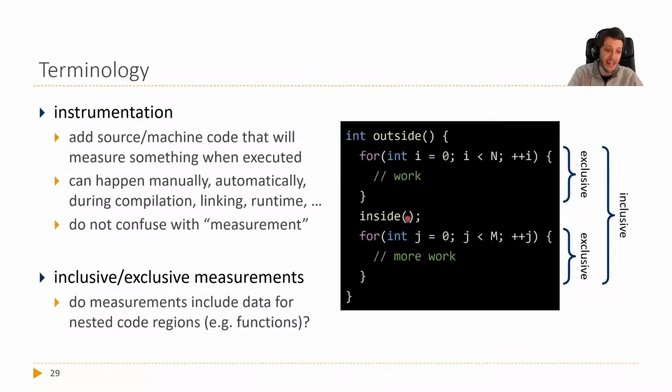And if we take the exclusive time measurement, that means we measure the time of both for loops, but we omit any time that was spent in another function frame, another stack frame, not counting inside here. This is important because many tools differ between inclusive and exclusive depending on what you're going for. It's very simply explained, but it's important to know.